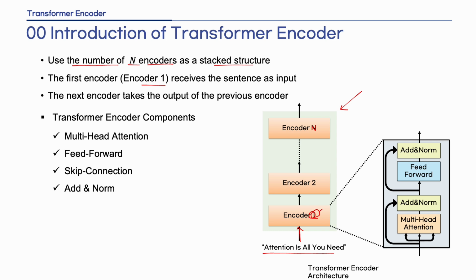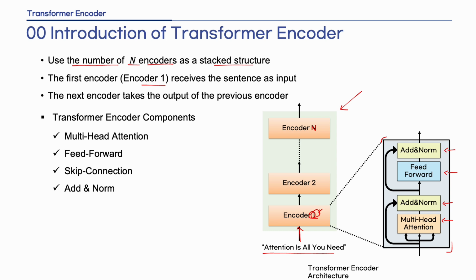And one encoder consists of this whole structure. This structure shows that there is a multi-head attention layer, an add and normalization layer, a feed-forward layer, and another add and normalization layer.